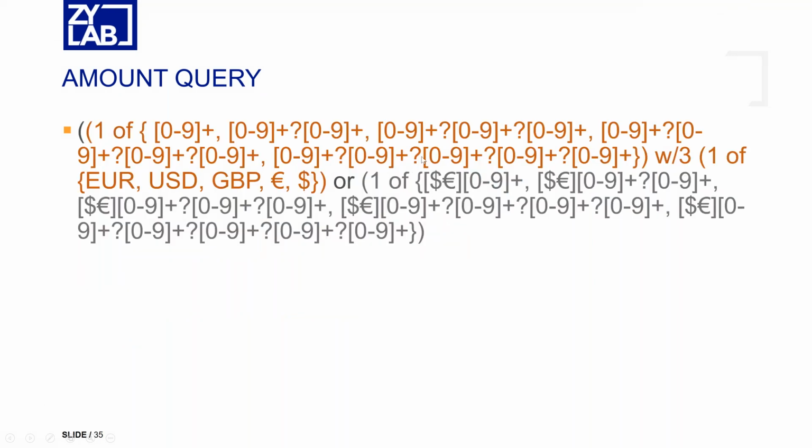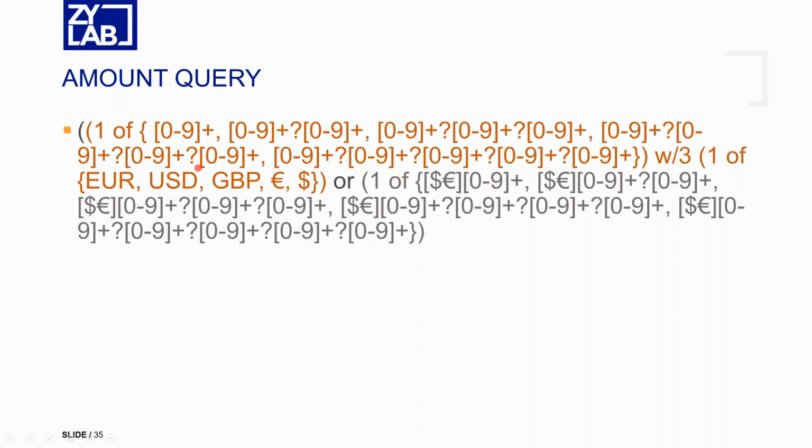I can use this also as a pattern search in combination with the amount number. If I combine this, I get a query like this, where the first part that you see is looking for the number within 3 words of a currency sign. And I also have the option to search for a number with the currency symbol attached.